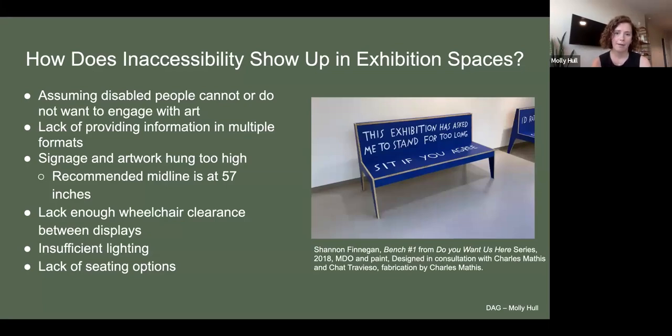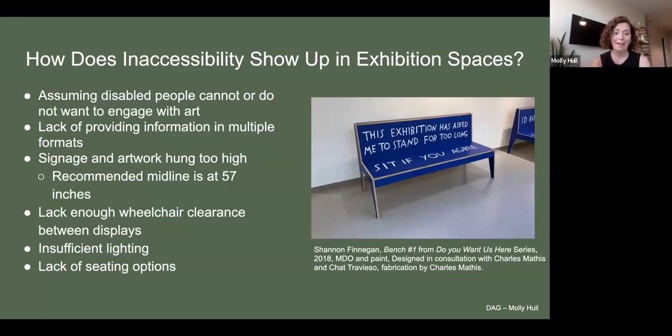Another example of inaccessibility within the exhibition space is the lack of providing information in multiple formats. So that includes things like large print font or braille labels, captioned videos, and maybe perhaps including a printed transcript along with those captions, or even the ability to have a visitor request an ASL interpreter or an audio described tour.